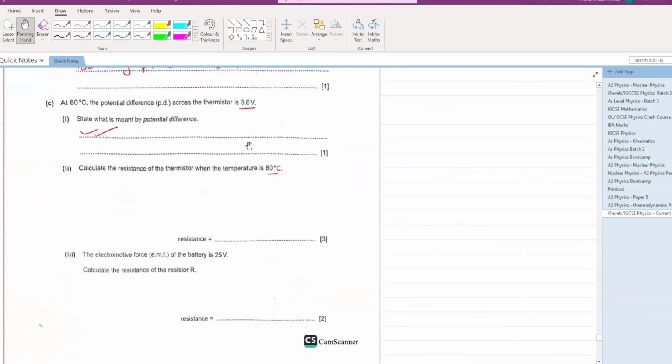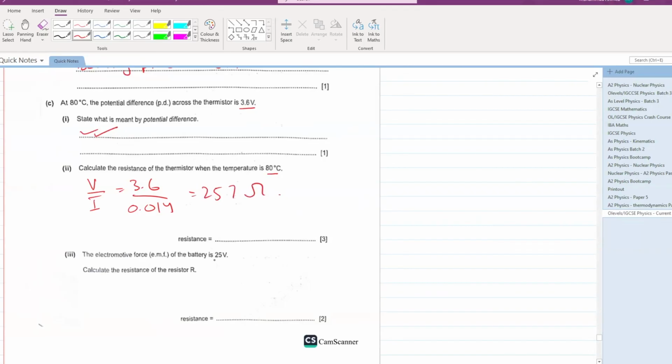Your voltage is 3.6. Can you calculate the resistance? Voltage divided by current. 3.6 divided by 0.014. This comes out to be 257 ohms as your resistance.